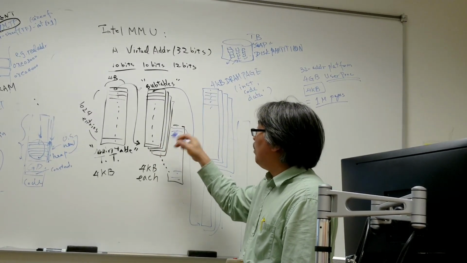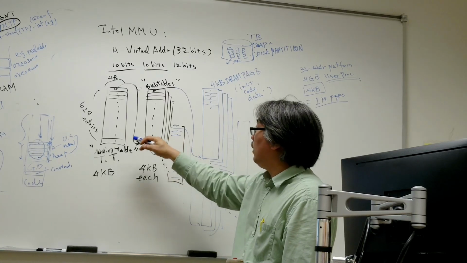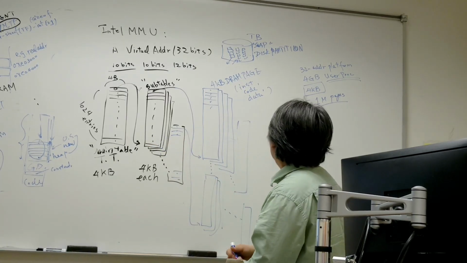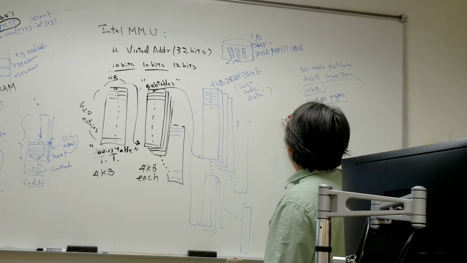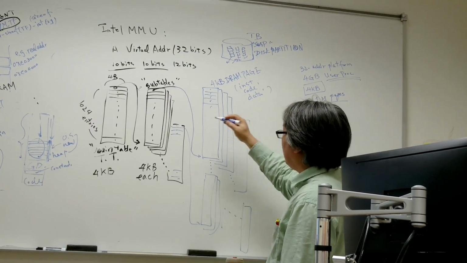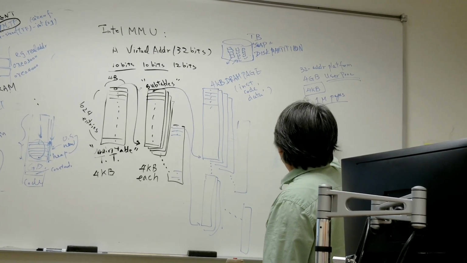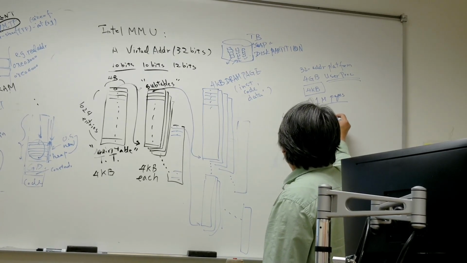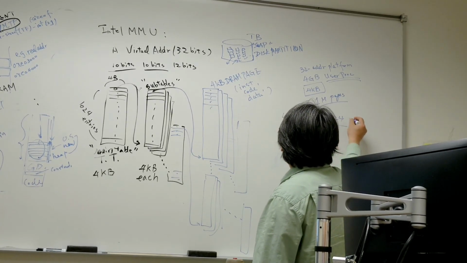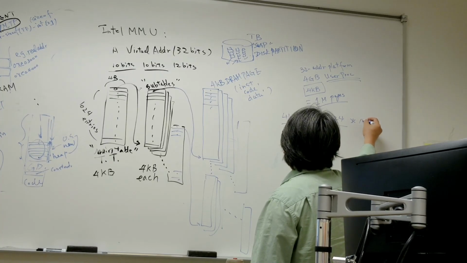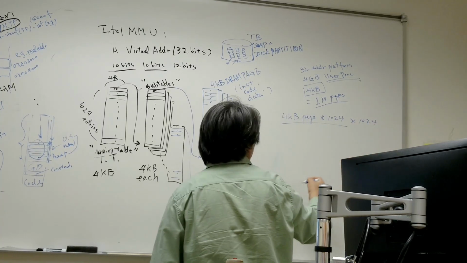So how many subtables here? 1024 subtables. So the entropy is still the same. That means it's 4 gigabytes, because the 4K-byte DRAM pages times 1024 is 1 subtable, and then there can be 1024 subtables.